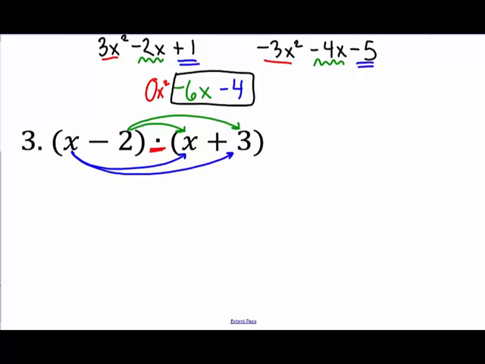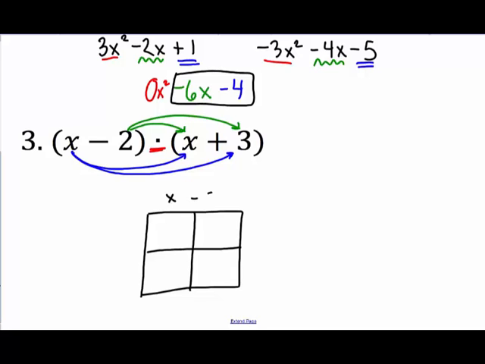And now I'm going to draw my box. So I have my 4 squares, and then I'm going to write in what I'm multiplying. So x minus 2, and then x, and it's a plus 3.